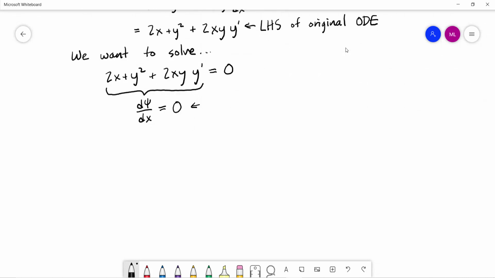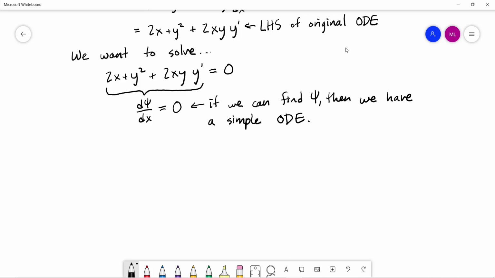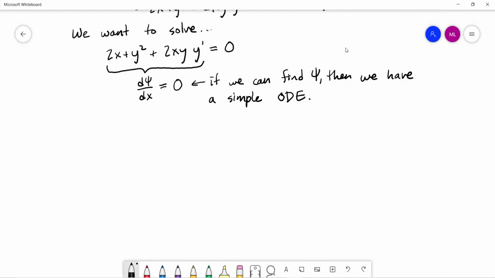So if we can find psi, then we have a simple ODE that we've got sitting right here. How would I solve that? Literally just basically integrate both sides, if you want to think of it like that.